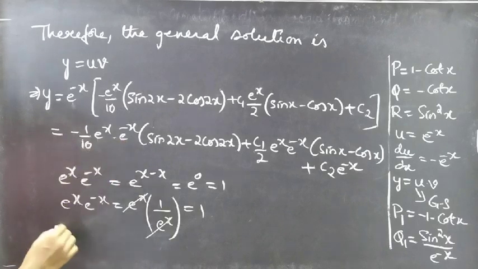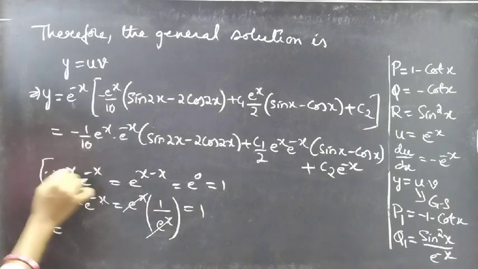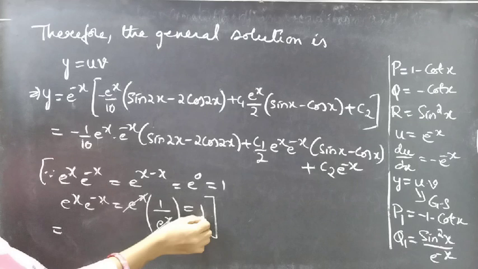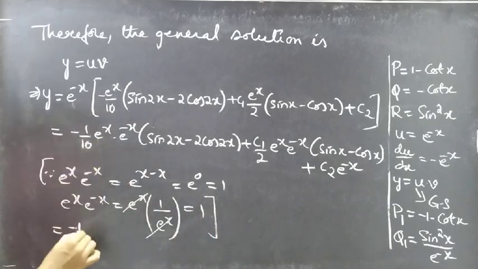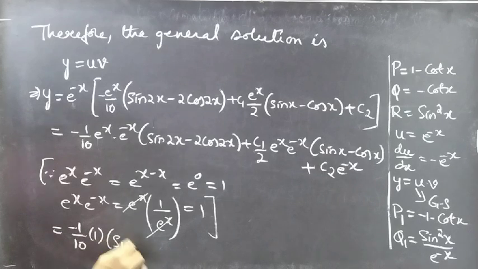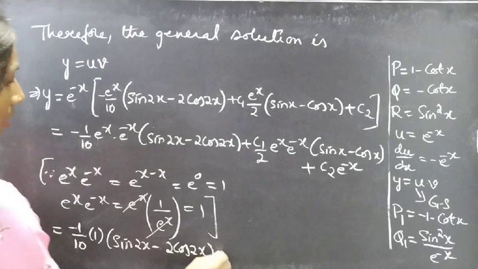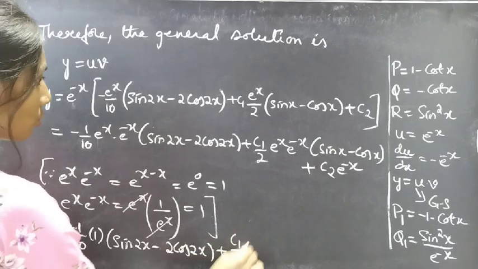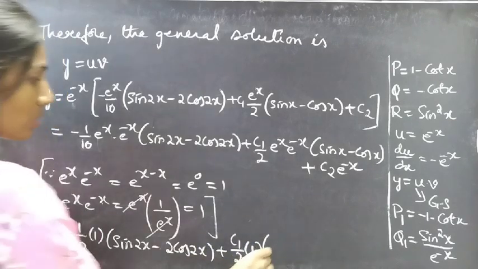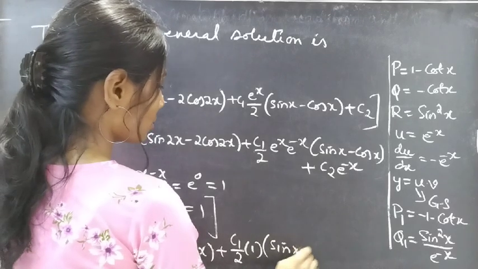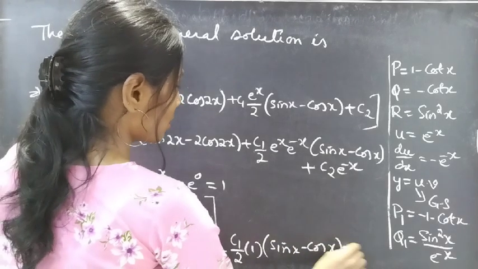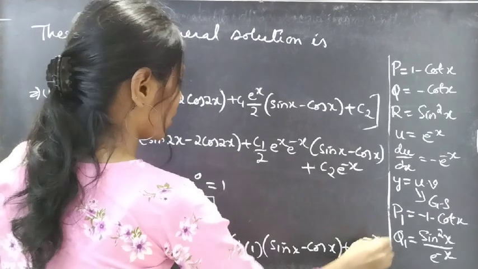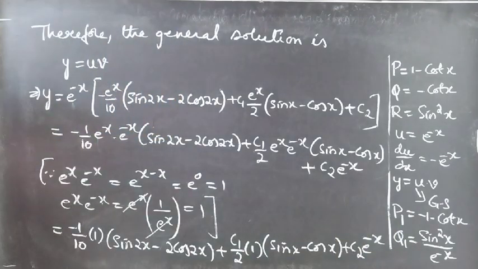So this becomes, since e^x into e^(-x) is 1, minus 1/10 into 1 into (sin 2x minus 2 cos 2x) plus c1 by 2 into 1 into (sin x minus cos x) plus c2 e^(-x).